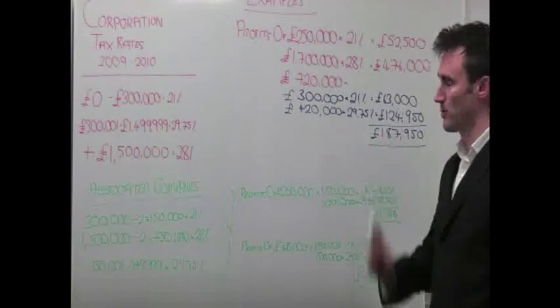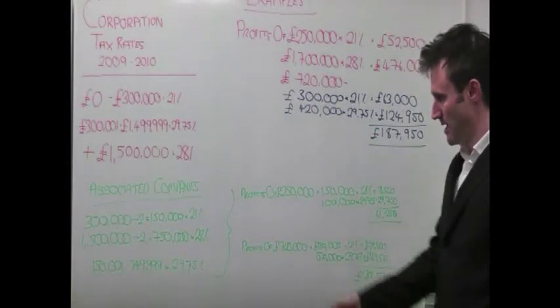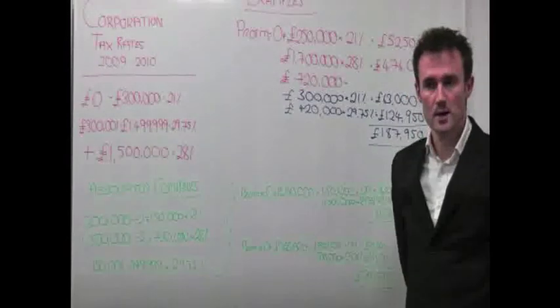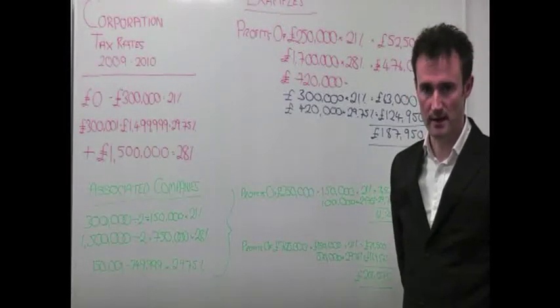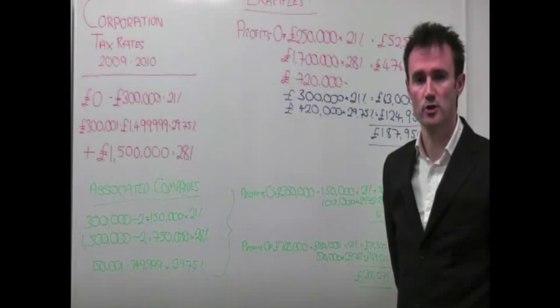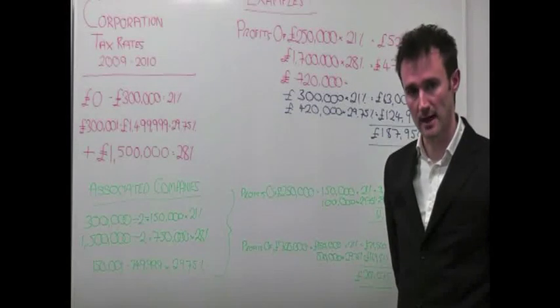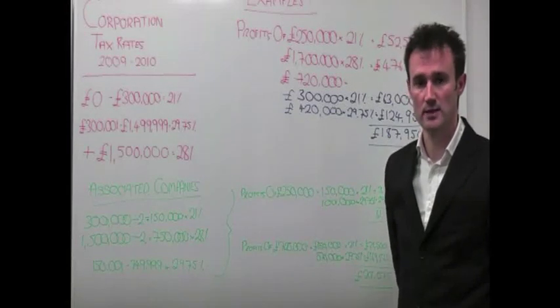However, a very important thing to bear in mind is when there are associated companies. Associated companies means that when one company controls another company by virtue of owning the shares in that company, or that one of the controlling directors in one company is also a controlling director in another company, then it is deemed to be an associated company.